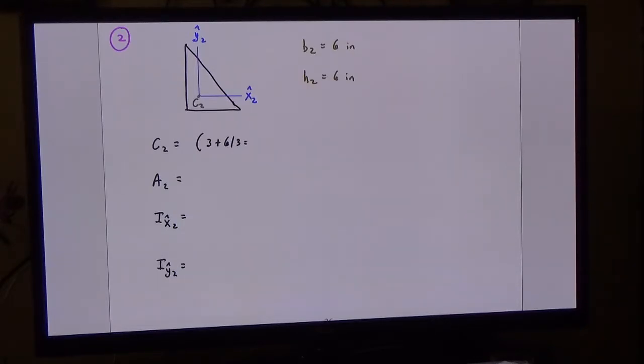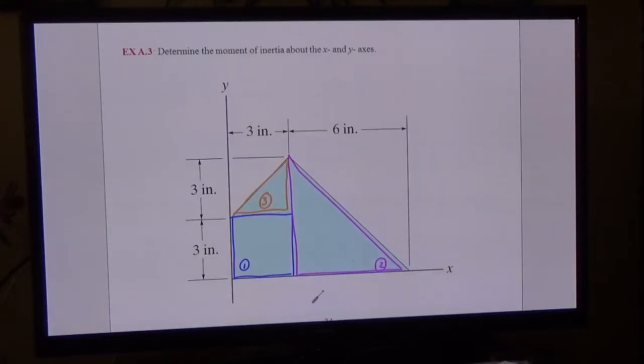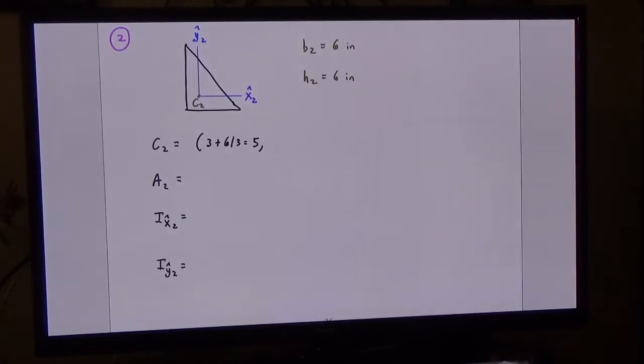This gives me 5 in the x. And y, I'm already starting off with the x-axis at the base, so I just need to go up a distance of h over 3. Remember, I stay close to the right angle. So 2 for y.